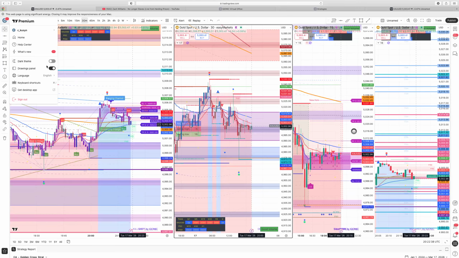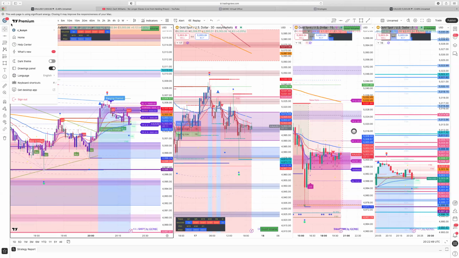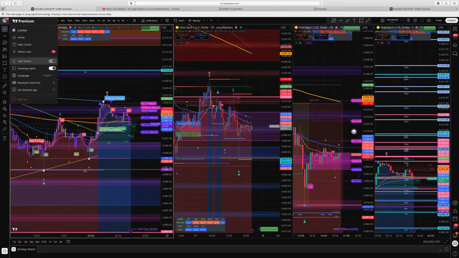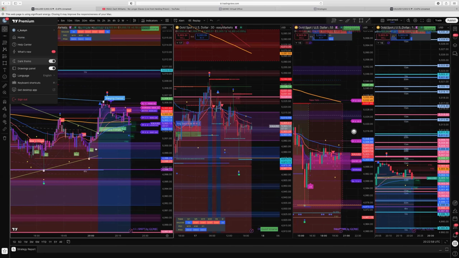When he was talking about the different color candles, let me just go back to dark for 1 second. Yeah. You can't really see the bands underneath.